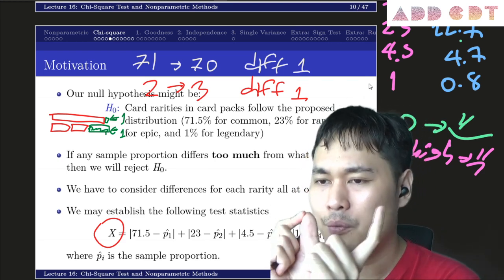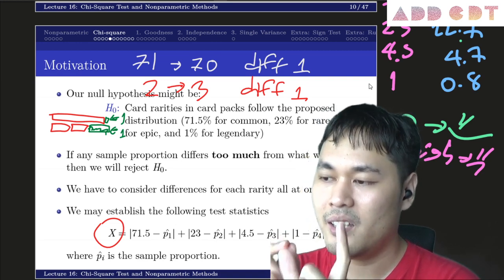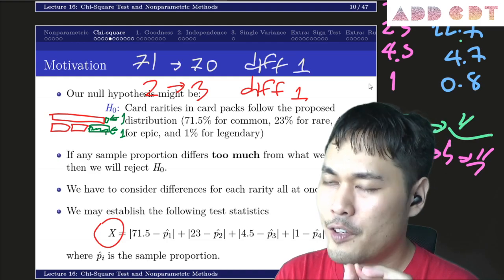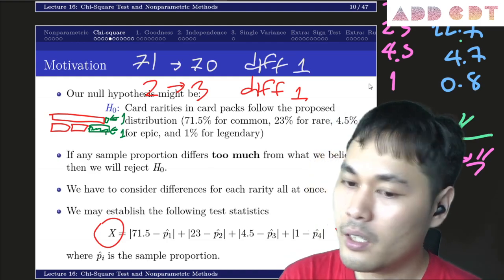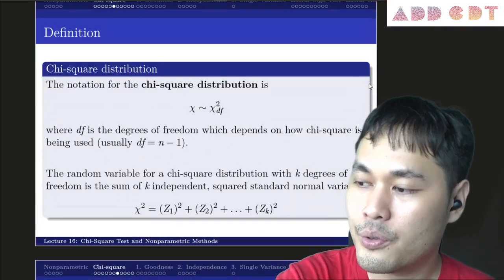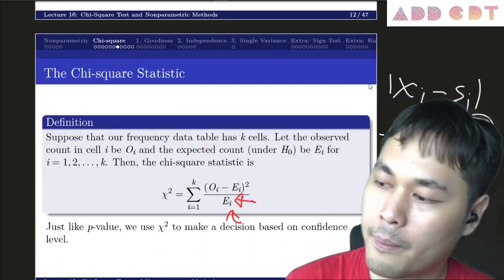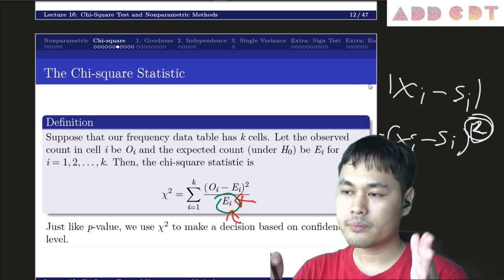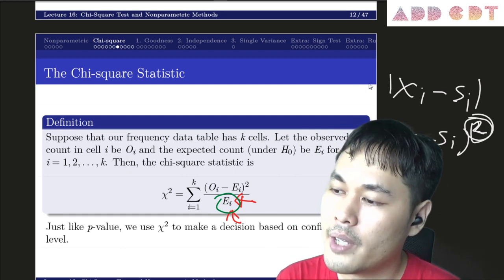In the first case you add 1, that doesn't matter. In the second case you add 1, it's like you add 50%. So that's the reason why we have to scale that by dividing with the size of the original expectation.